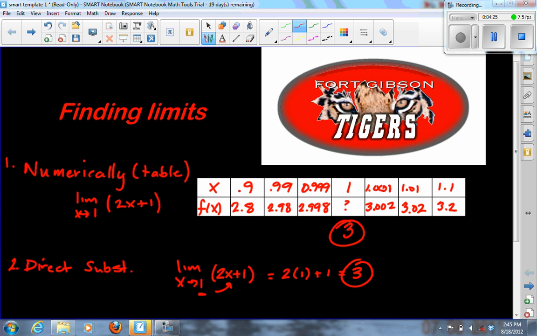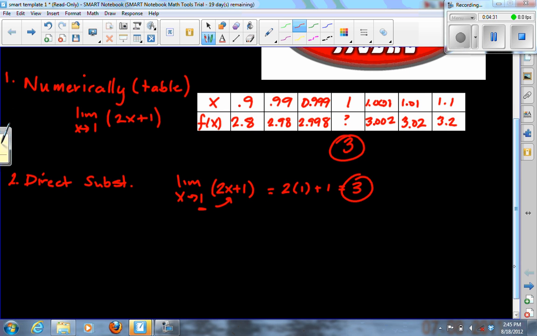So if direct substitution works, that's all good, and it's the easiest way to do it. So sometimes though direct substitution does not work, and that's kind of what this lesson is about, finding limits with algebra. This is what to do when direct substitution fails. So if direct substitution fails, we're going to move on to method number 3, which is factor.